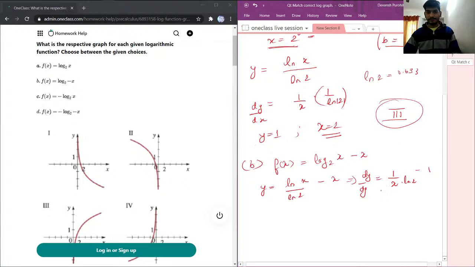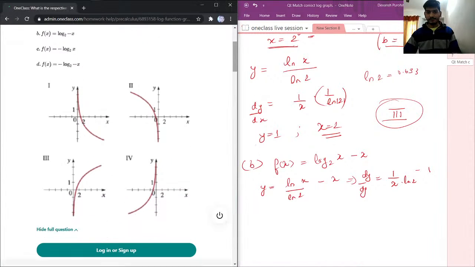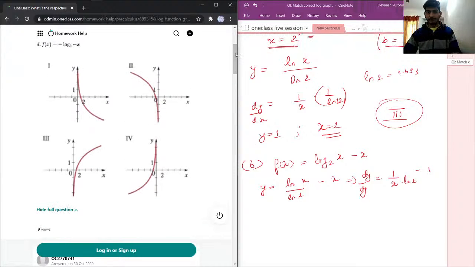So I can clearly see that for this question, my slope is going to be positive. Now we can proceed with this problem, because for positive slope we have only two graphs. This one was for the A option. So for B option, the fourth one is going to be our answer.